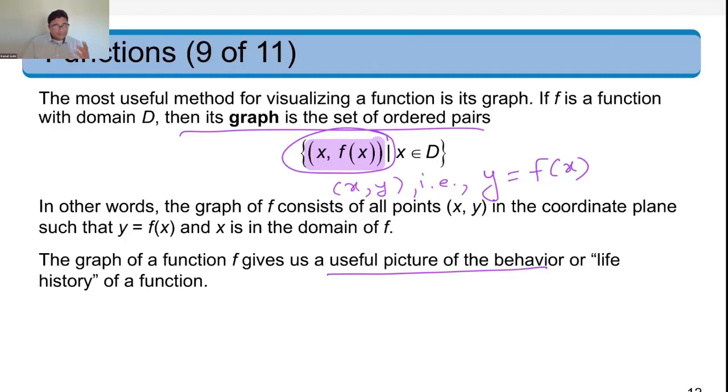It gives you a behavior of the function visually, and it gives you the history of the function, especially if it is a time dependent function. Like the seismograph that we saw earlier, you can see, in the history, what happened in the past. The graph shows you that.